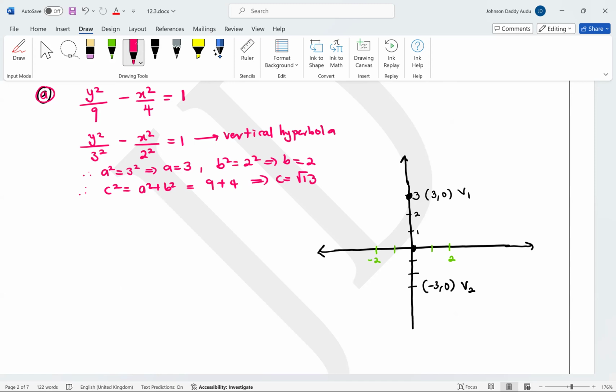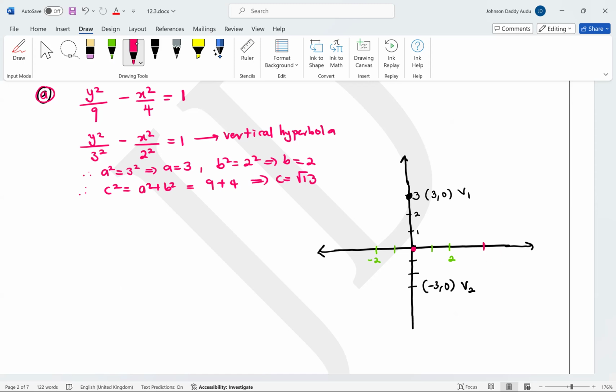You know, our focus is just going to be a distance of C from the what? From the center. So if you come here, this is root 13. So let's say root 13 is going to be bigger than 3. So let's just say somewhere here. So this is going to be our F1, which is simply going to be, no, sorry, this is not going to be our F1 because our F1, look, our F1 must also be where on the transverse axis.